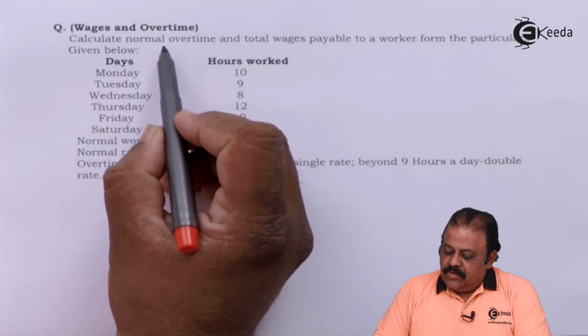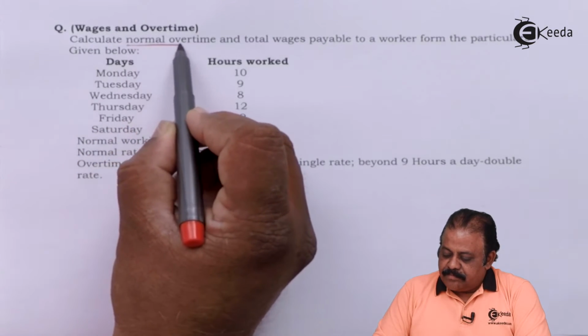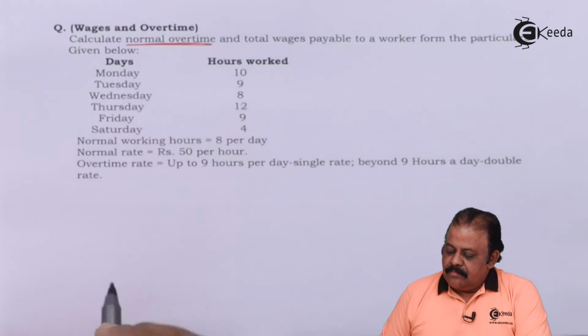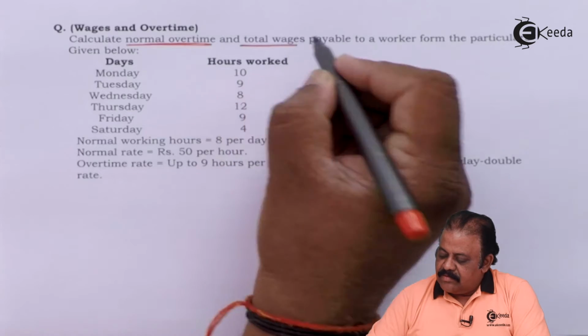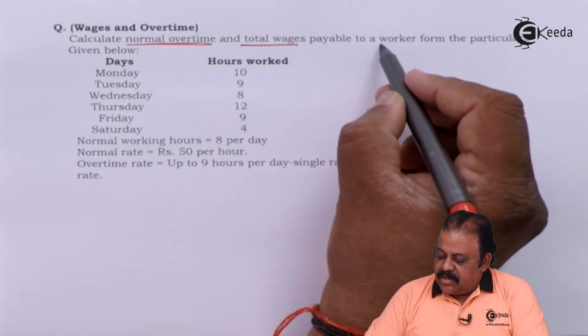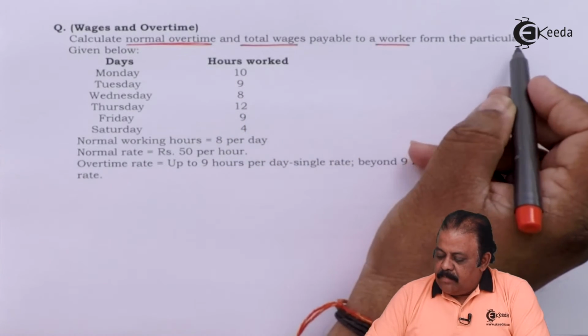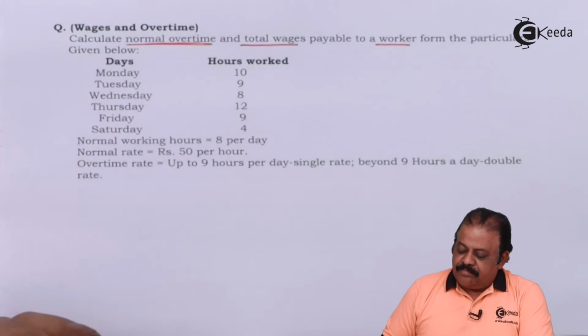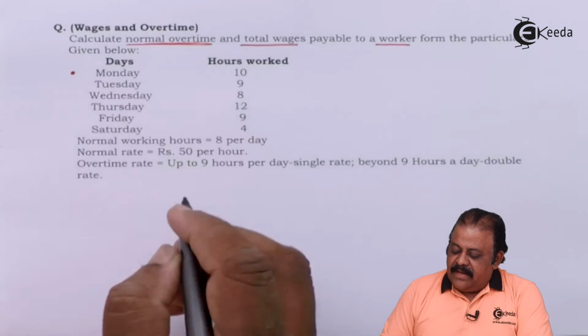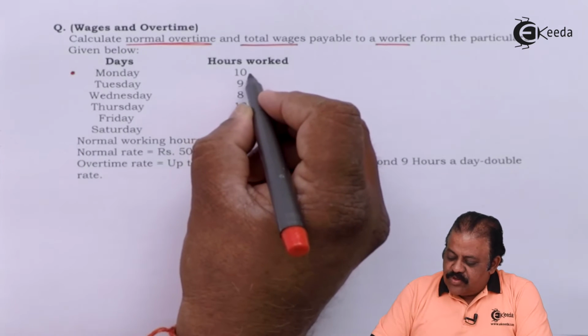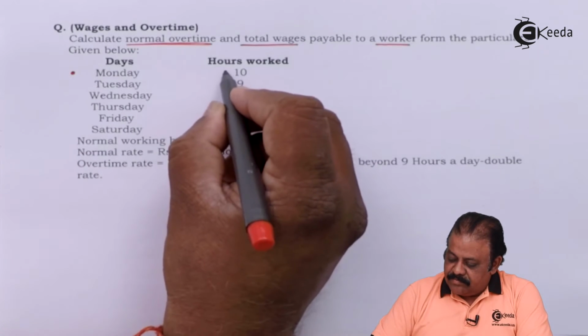Calculate normal, overtime and total wages payable to a worker from the particulars given below. Day Monday, hours worked 10 hours.